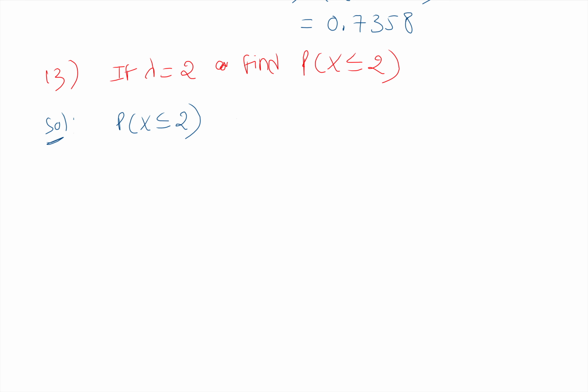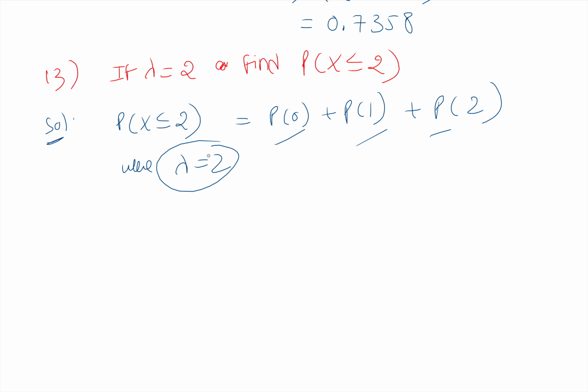We have to include 2 also. Probability of 0 plus probability of 1 plus probability of 2. So we have to find the PMF for probability of 0, 1 or 2, where the constant value lambda is equal to 2.